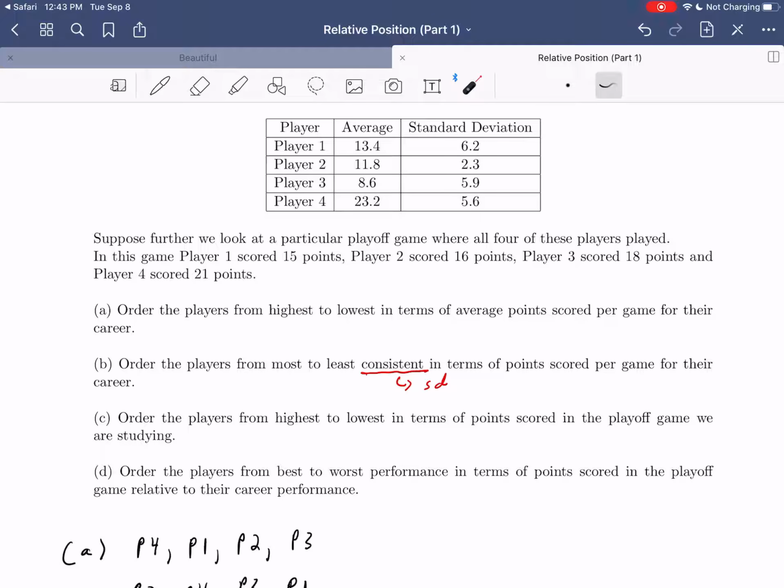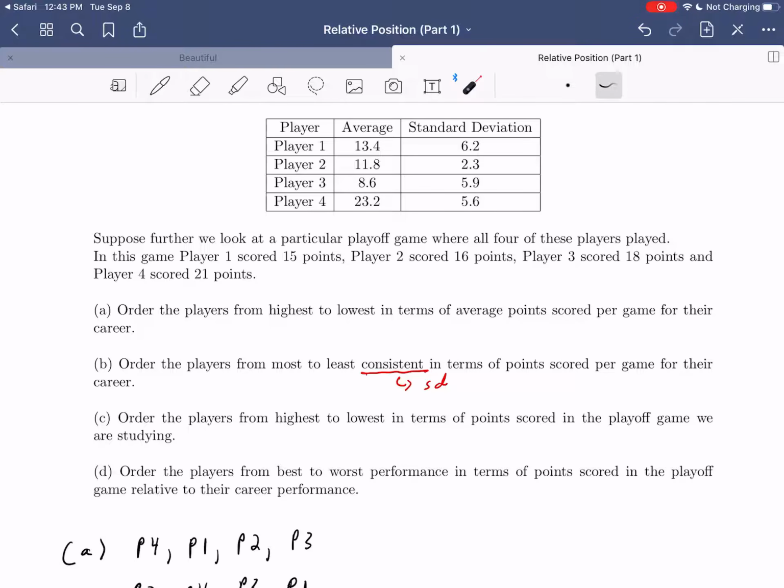So scoring 21 was not a very good performance for this particular player. On the other hand, if you take somebody like player 3, they scored 18. Okay, 18 is definitely less than 21, but keep in mind they have a career average of 8.6, and 18 is way above that. So they played in that single game much better relative to their general performance.